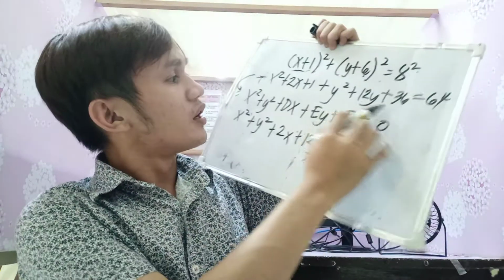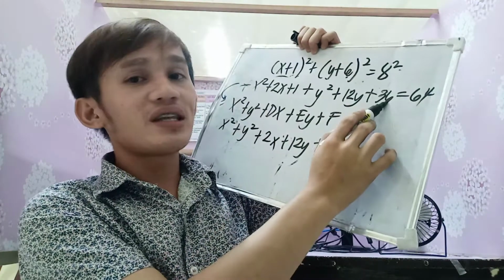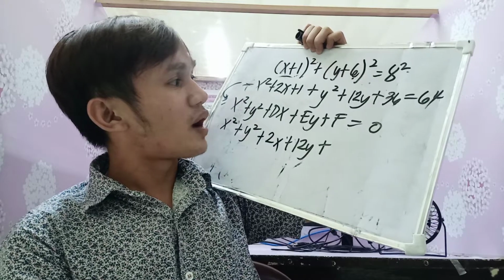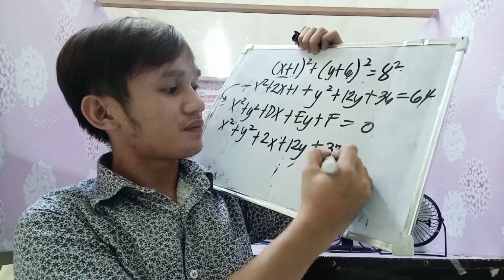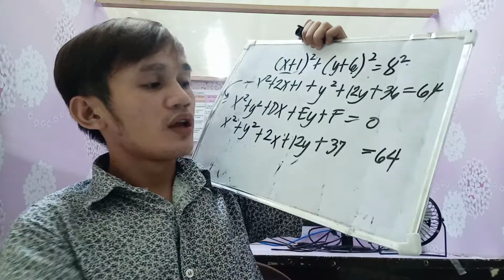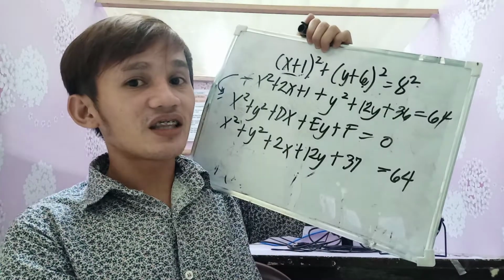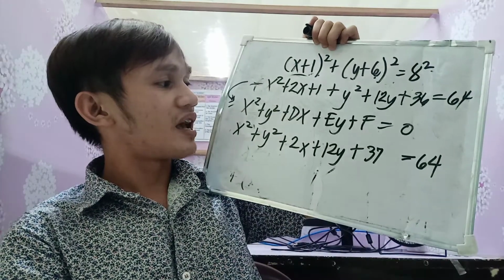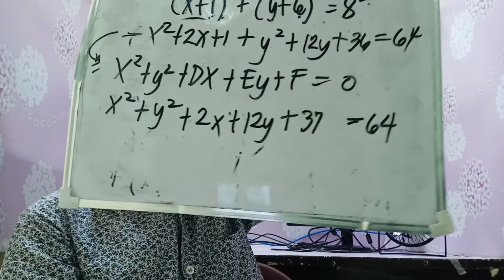So you have here positive 1 and then 36. You can actually combine them. So 36 plus 1 is 37 is equal to 64. But it is not yet written in the form x squared plus y squared plus dx plus ey plus f is equal to 0.